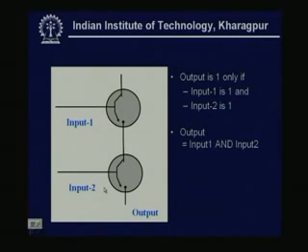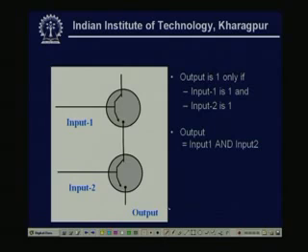Now we see a slightly more complex thing. When will the output be 1? If both the switches are connected. That means this switch will be connected, this switch also connected, and this also connected. So what do I want for that?